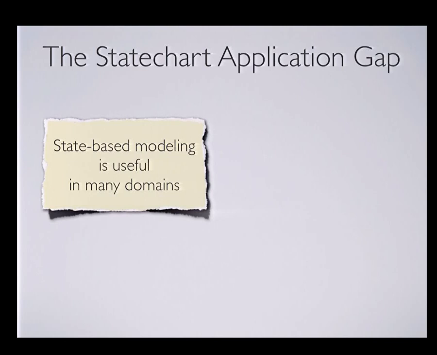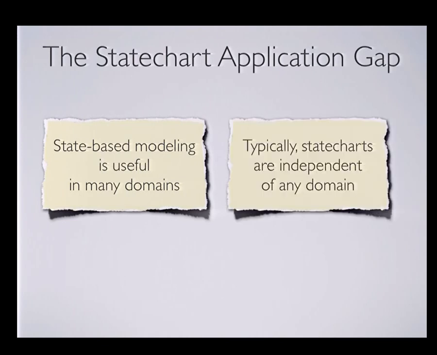And now let's come to what I mean with domain-specific Statecharts, because that's what the talk actually is about today. When going into the industry, we really noticed that state-based modeling is useful in a lot of domains.